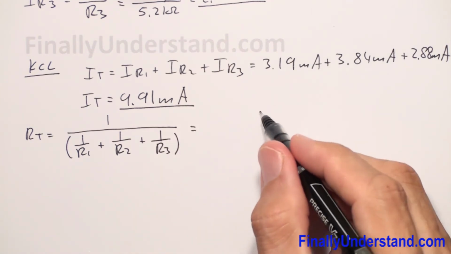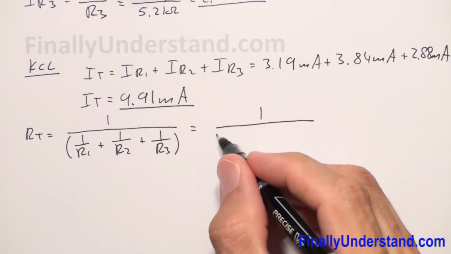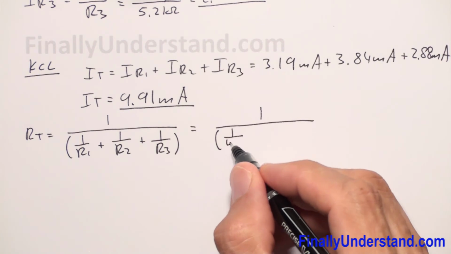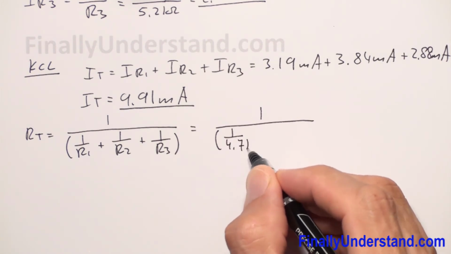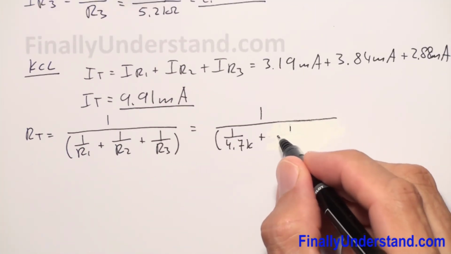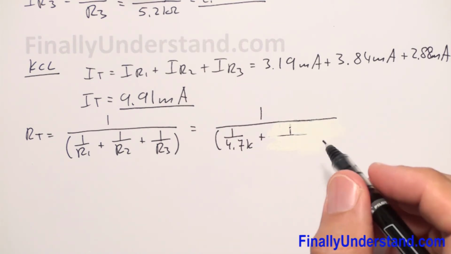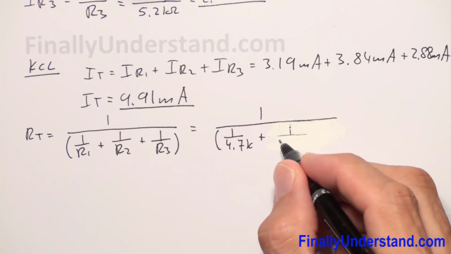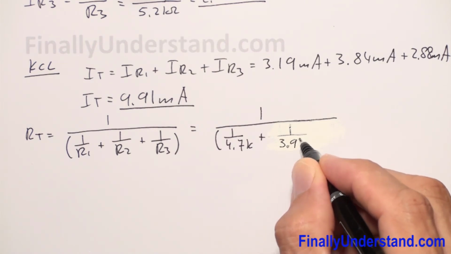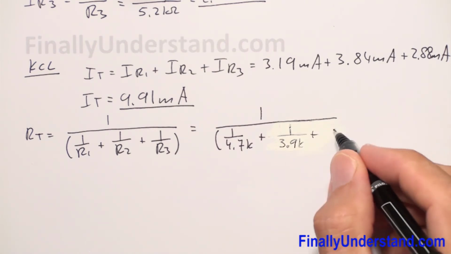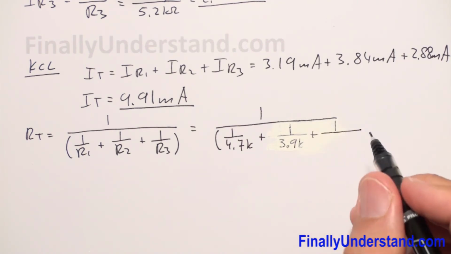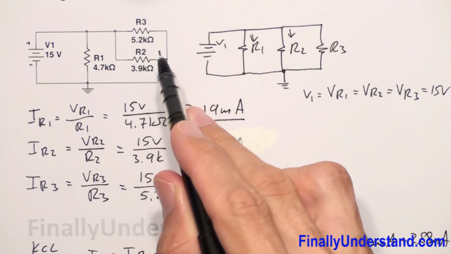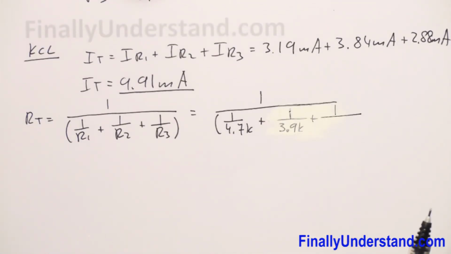This is equal 1 divided by, open parenthesis, 1 over R1, which is equal to what? 4.7 K. 1 divided by, and we have R2 equals 3.9 K plus 1 divided by R3, which is equal 5.2 kilohms.